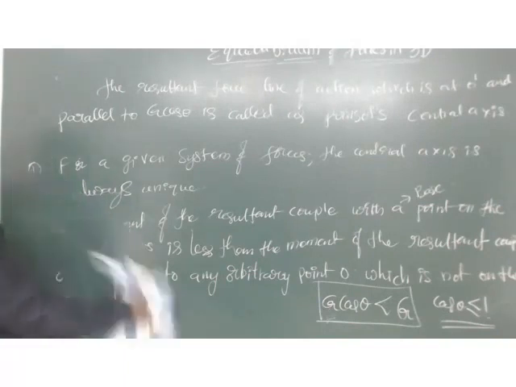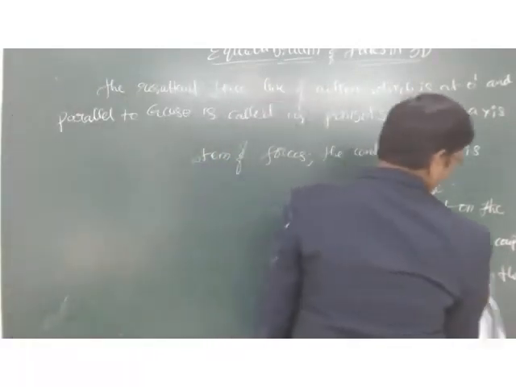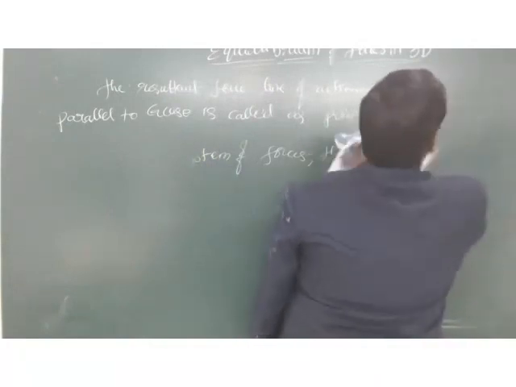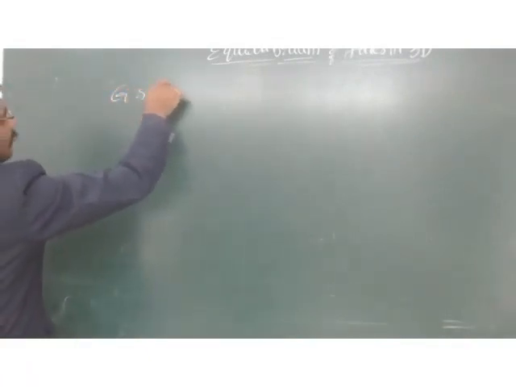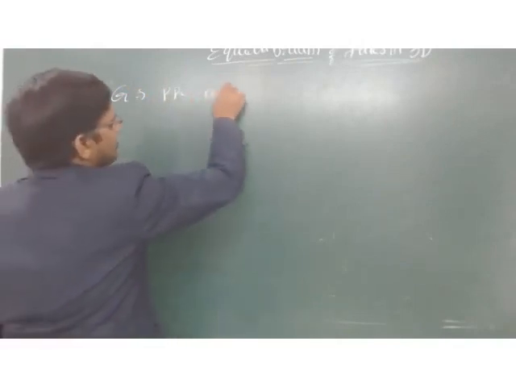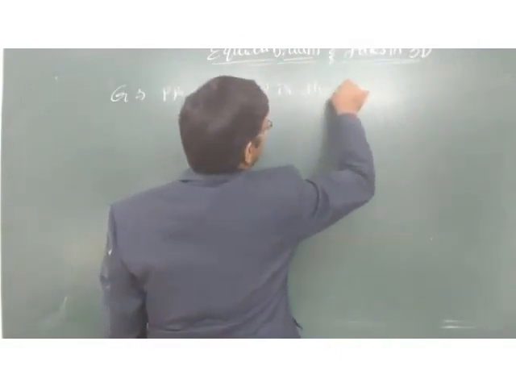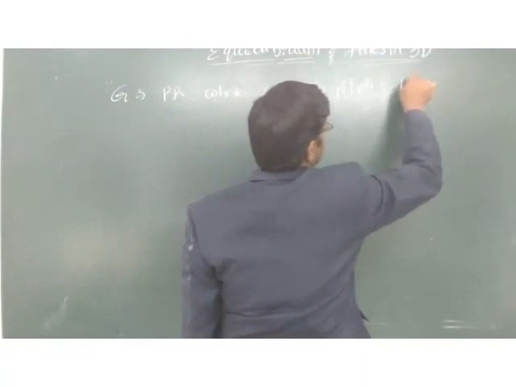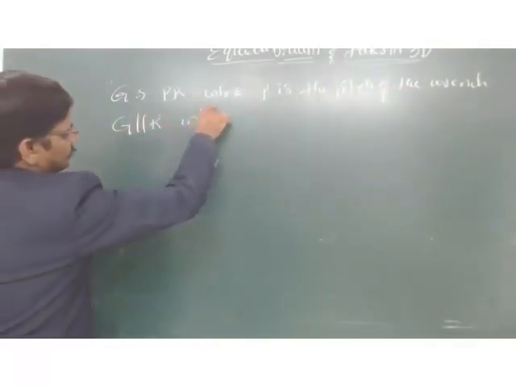Okay. So we have discussed something called the pitch of the wrench. So G is equal to PR, where P is the pitch of the wrench, where G is parallel to R, which is a wrench.